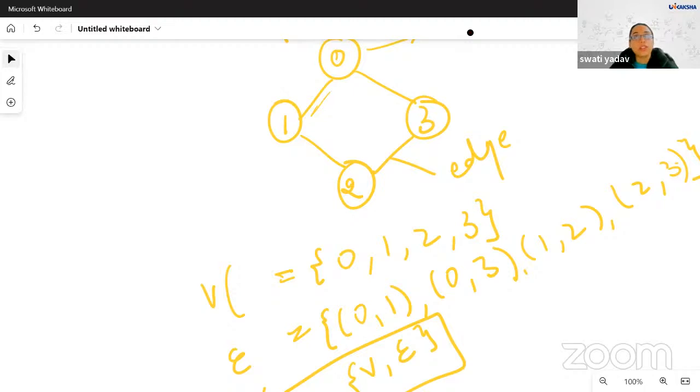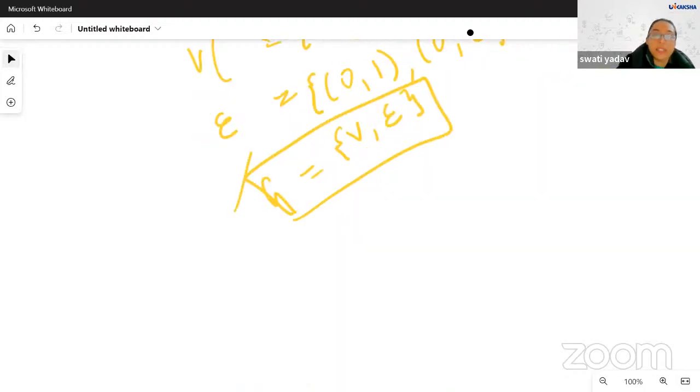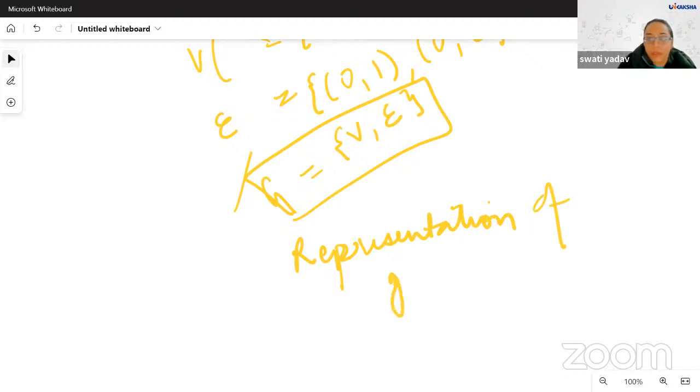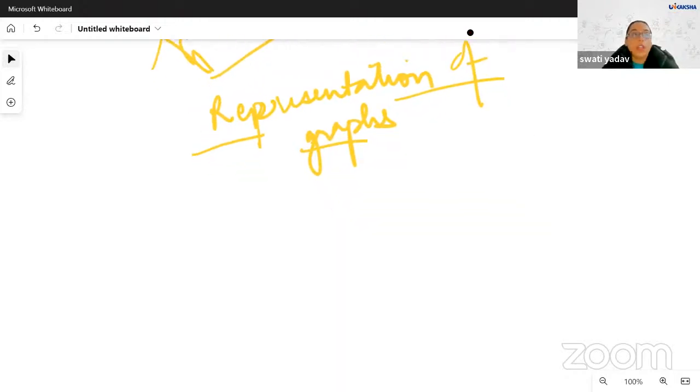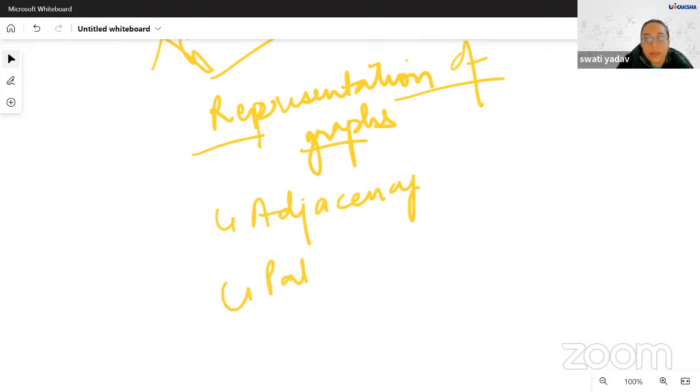Another thing is the representation of graphs. Okay. So one is adjacency and another is paths. Two more terms to look for are adjacency and paths.